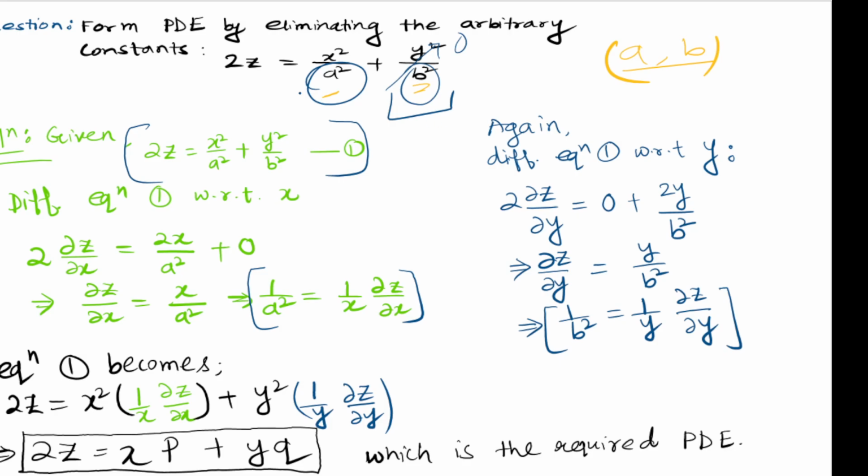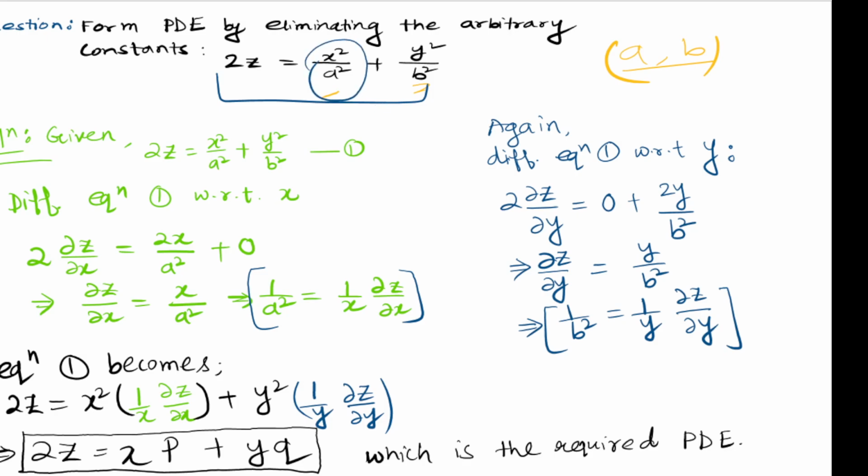In that case, I can get the value of a in the form of something. Then if I differentiate the same equation with respect to y, what will I get?